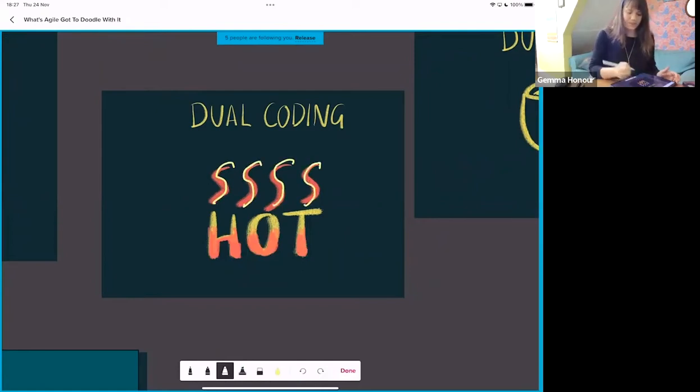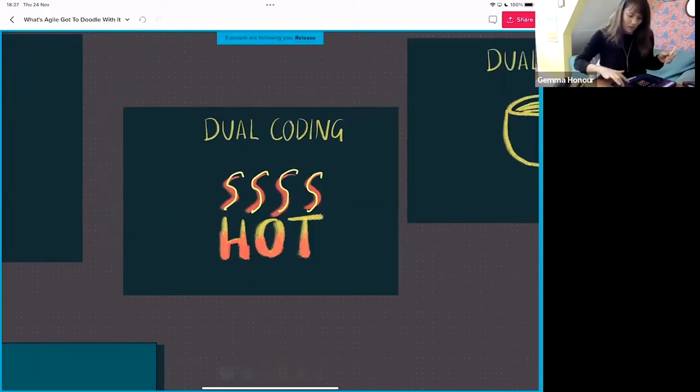And again, that is dual coding. It doesn't have to be a sophisticated picture. It's just some wiggly lines, but the wiggly lines are infused with meaning. And that is a very simple example of how you can put together quite powerful images of dual coding.